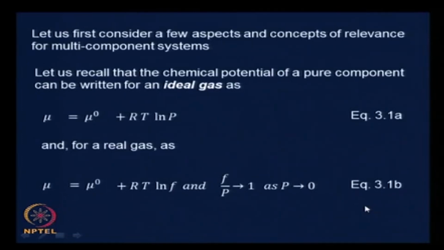And then we looked at perfect gas mixtures and imperfect gas mixtures, and then ideal gas mixtures and non-ideal gas mixtures, and with that formulation we saw that we could extend it to ideal mixtures of liquids and solids as well as non-ideal mixtures of liquids and solids.